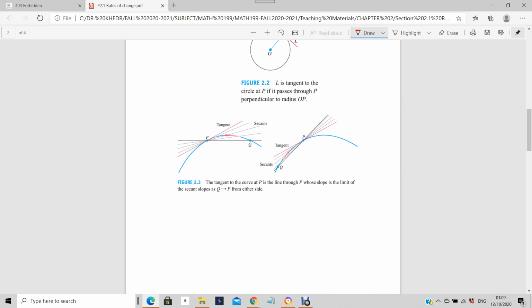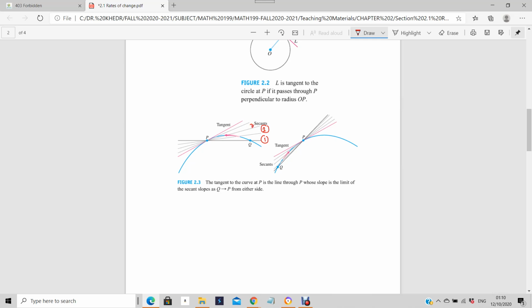If we have 2 points like point P and point Q, and there is a secant line passing through them, because this line intersects the graph of the function at 2 points P and Q, we'll call it a secant line. Now, let me move Q along the curve, approaching P. I'll number this as secant line number 1. If Q is getting closer, then we will move to line number 2, and then to line number 3.